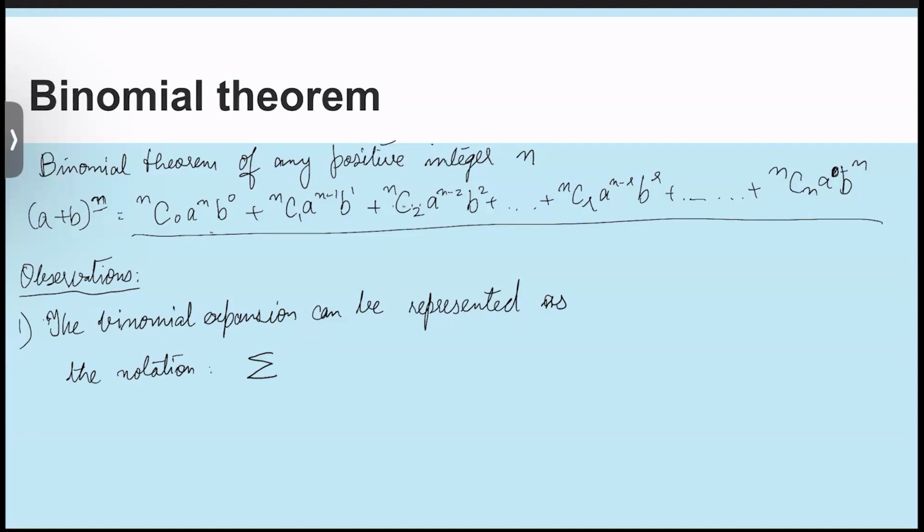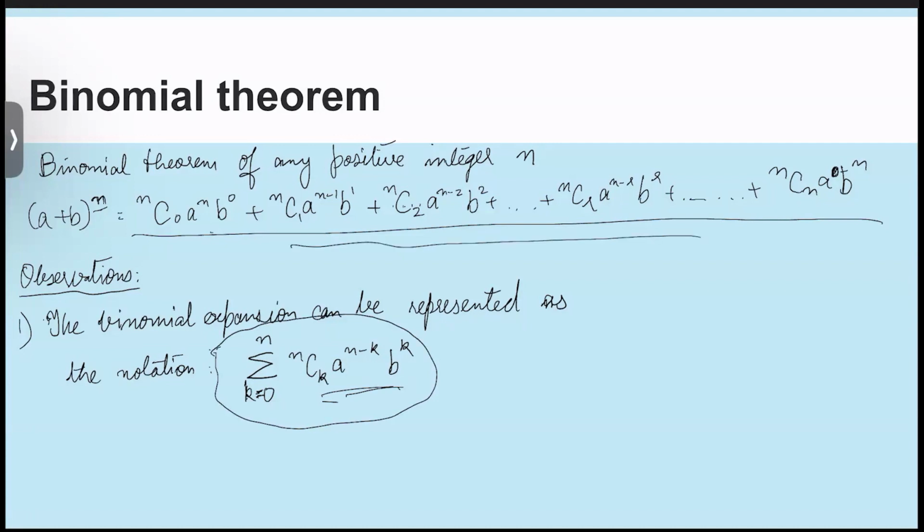Summation means it's a sum of all the terms. Summation of the expressions nCk a^(n minus k) b^k, where k is going from 0 to n. Okay, so if you express it in this form, this summation notation is a way to represent this entire expansion itself.